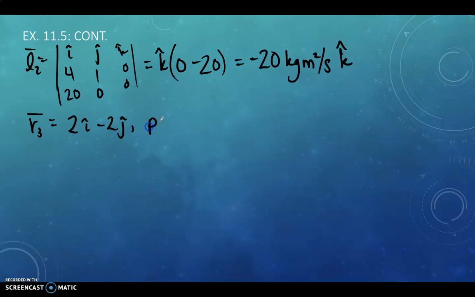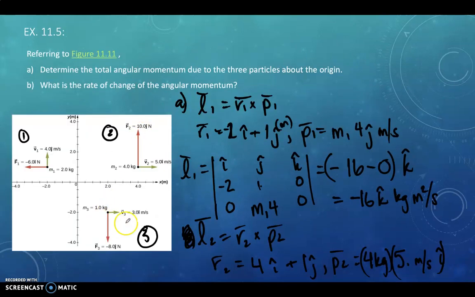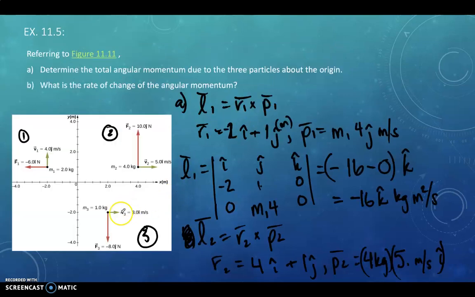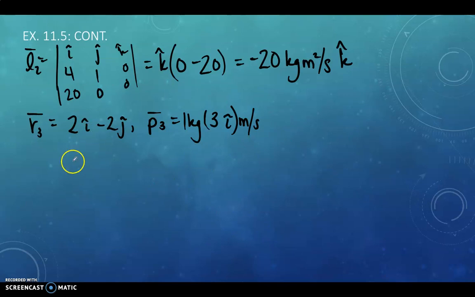And then our momentum is 1 times our velocity, 3 i hat, times 3 i hat meters per second. Now we'll do the same thing.